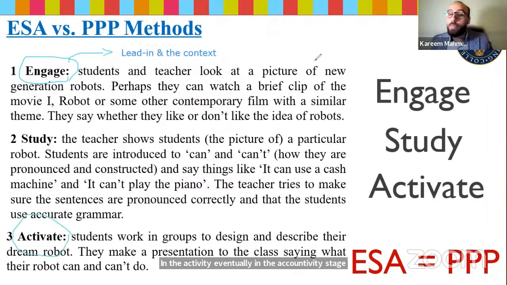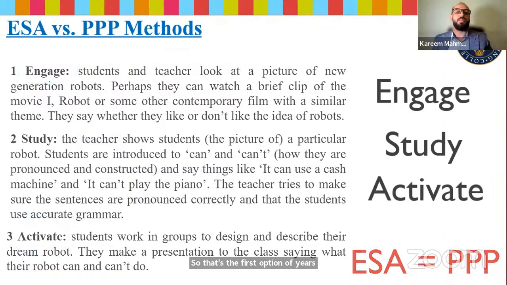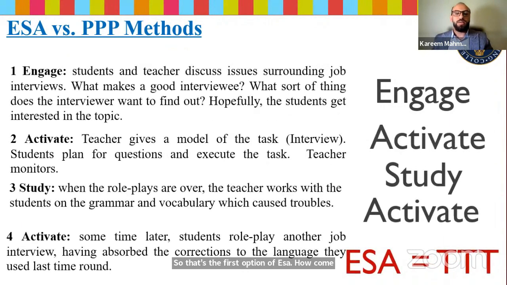So that's the first option of ESA. We will give you now the same activity which you had before, the anecdote, and then we will see how to apply the ESA on that.